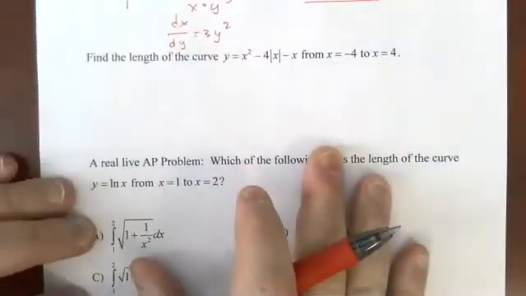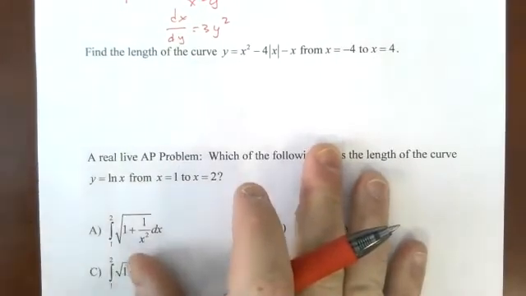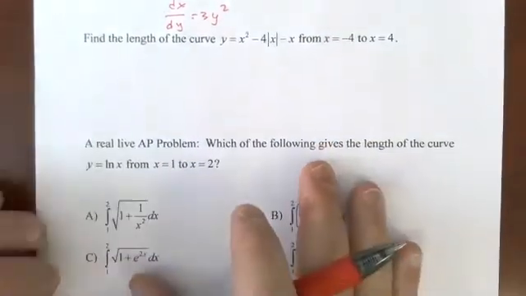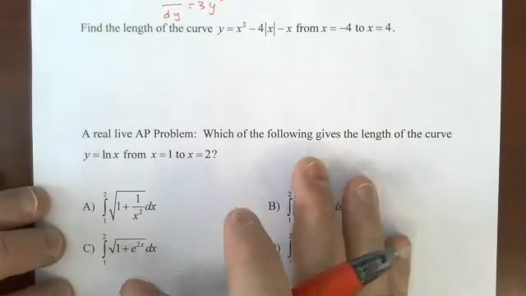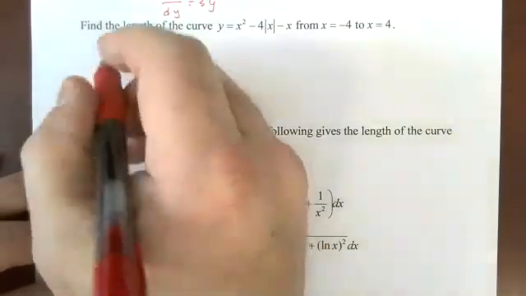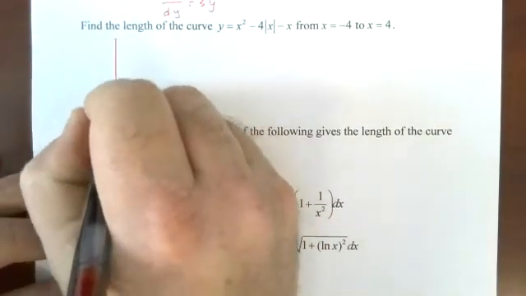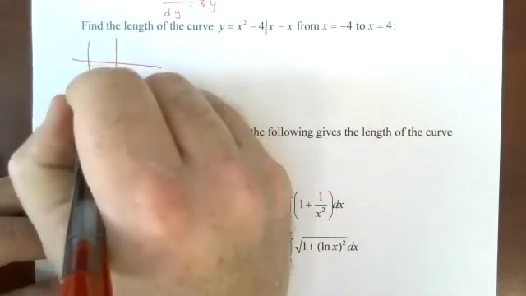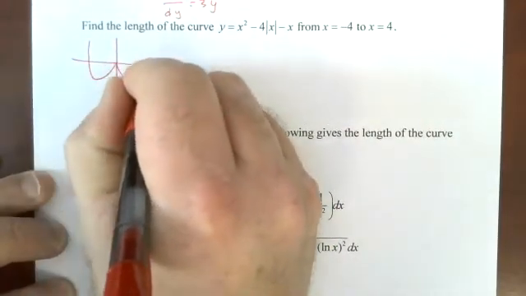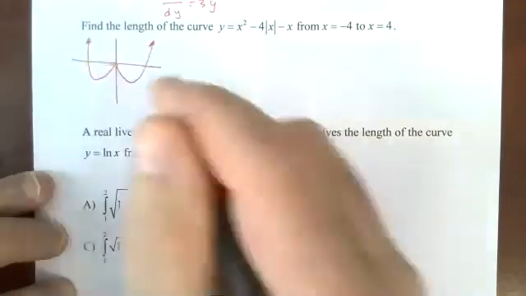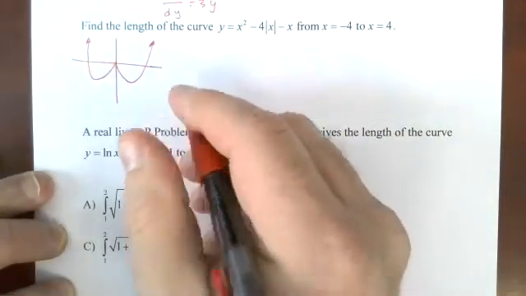Cool. Find the length of the curve, y equals x squared minus 4x. Graph it. It does this kind of weird little nice smooth curve, poink, little corner right there. So we just have to do it twice.